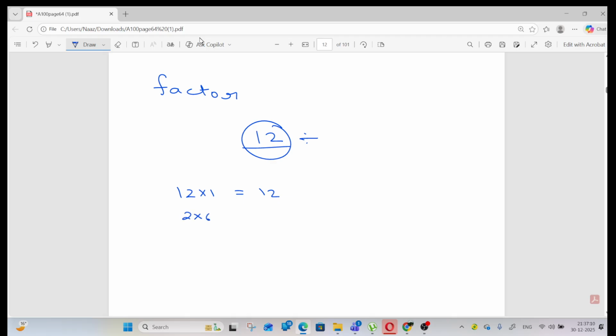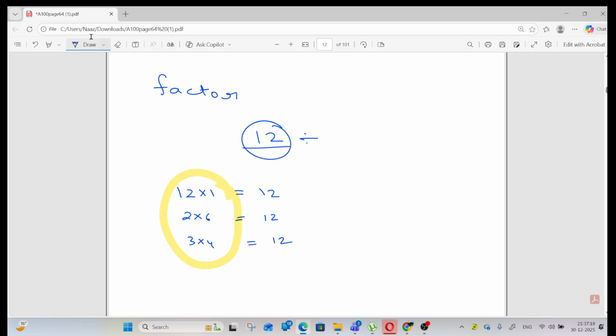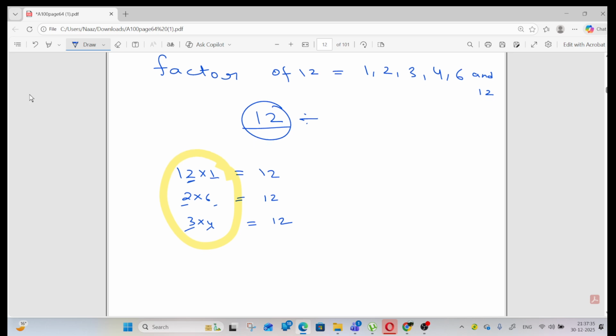And 2 times 6 is 12. 3 times 4 is 12. So all these numbers are factors of 12. So the factors of 12 are 1, 2, 3, 4, 6, and 12. You can see here 1, 2, 3, 4, 6, and 12, right? So these are the factors.